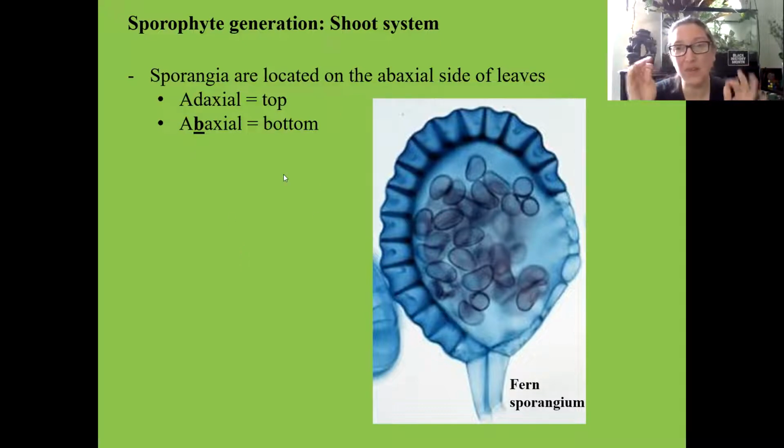So we didn't really go into it in detail back then, but since we just went through it now, in the lycopods, Lycopodium and Selaginella, the sporangia were on the sporophylls. They were on leaves, but they were actually on the top of those leaves. If you were to do a cross-section through a strobilus, you'd always see the sporangia on the top of the leaves. Now in the ferns, the sporangia are located on the bottom of the leaves.